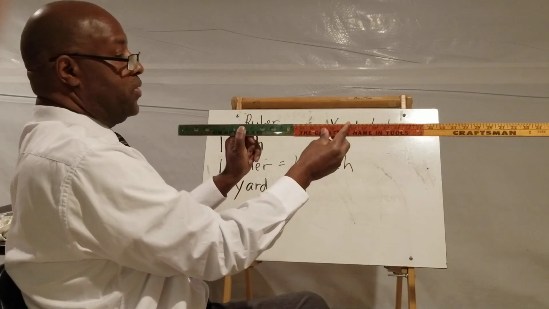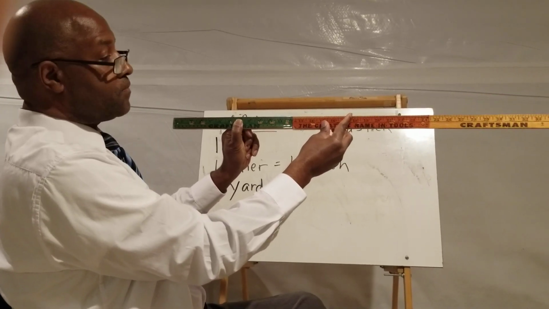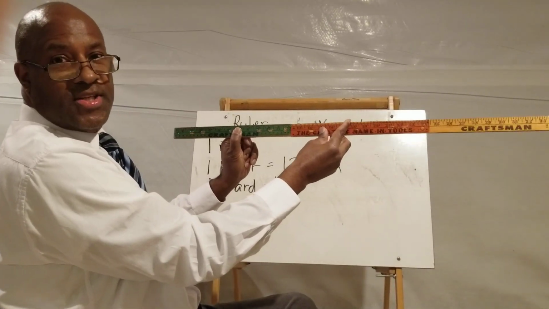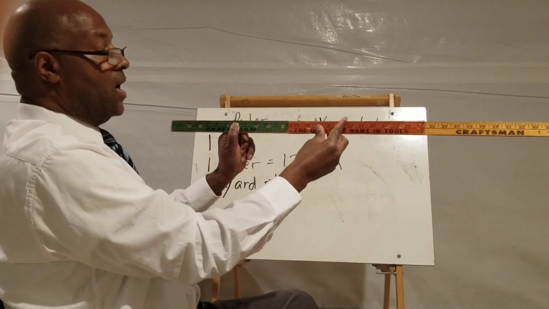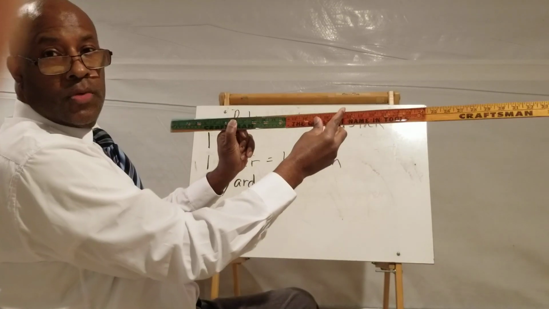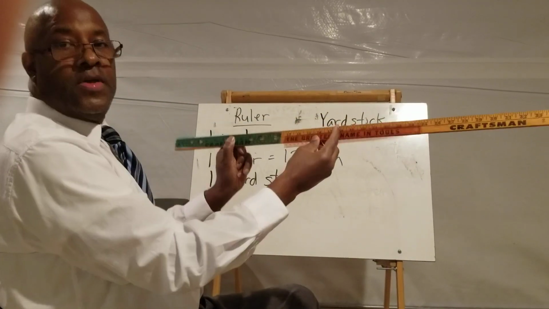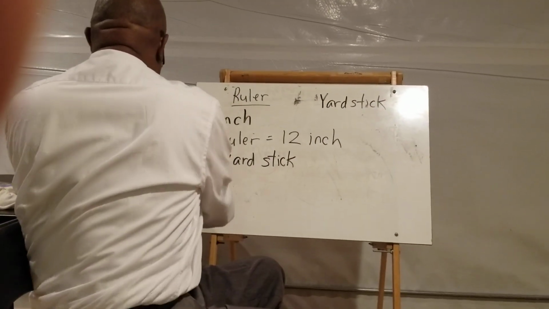And if I were to put that other green ruler on this yardstick, these 3 rulers would cover the yardstick. So what I'm saying to you is that a yardstick is the same thing as saying 3 rulers. Okay? Hopefully you all got that part of it.